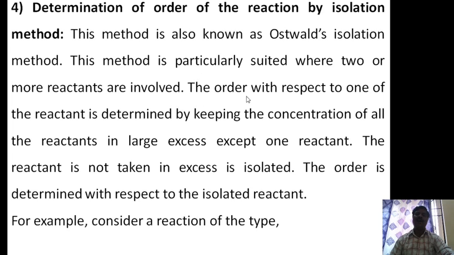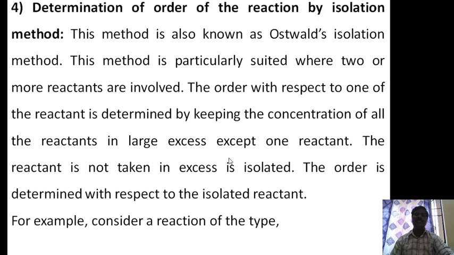The order with respect to one of the reactants is determined by keeping the concentration of all reactants in large excess except one reactant. The reactant that is not taken in excess is isolated. The order is determined with respect to that isolated reactant.